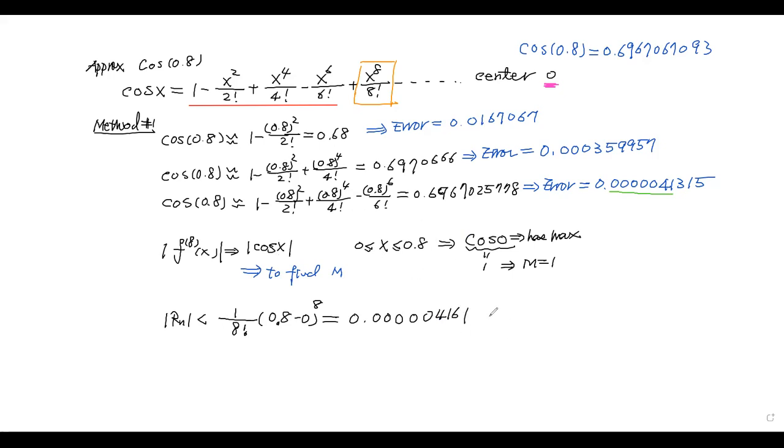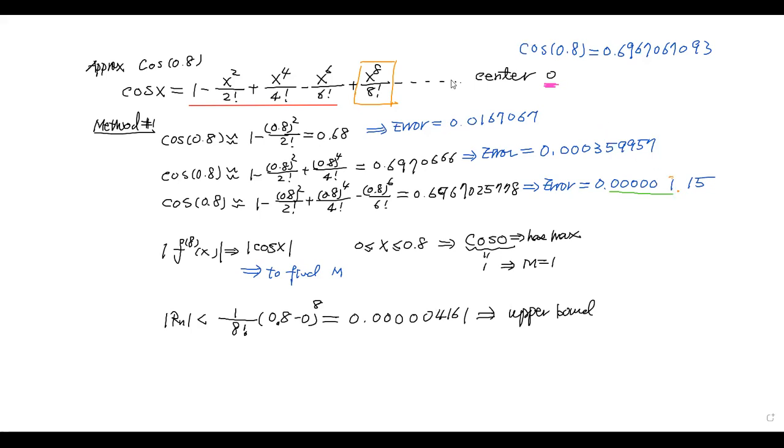This is the error upper bound, that means that is the maximum error we can have. So how good is it? This is the four terms, right? The true value here is 4, 1, 3, 1, 5.